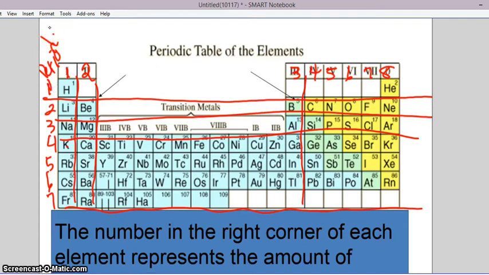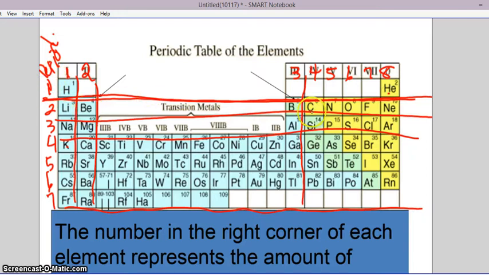The periods are actually rows. They go across. In row 1, hydrogen and helium only have 1 shell.